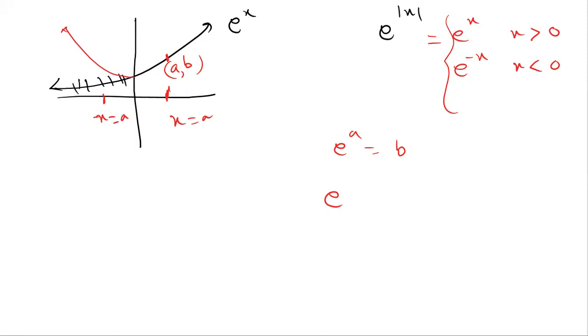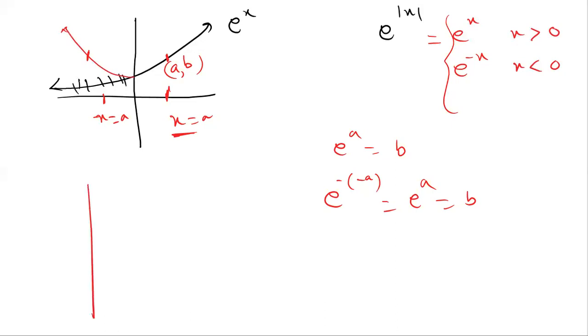Minus of minus a becomes e power a, which will also become b. So whatever value you get here, you will get the same value here also. So the graph will change. You should delete the left part of the y-axis of any graph and take the mirror image of the right part.